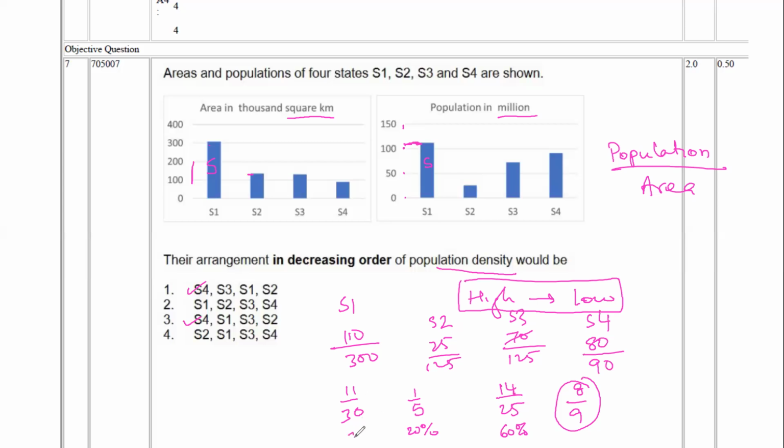And this is almost 33%, one third. So I already know that it's S4 and then S3 and then S1 and then S2. That's how it's going. So I have this as my answer. These two were cancelled out in the first place only. So the debate was between 1 and 3. So 3 is also out. 1 is the answer.